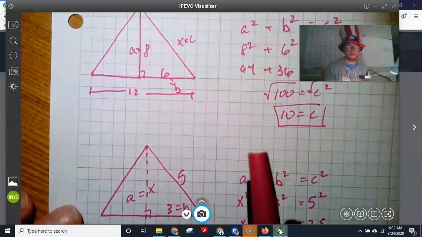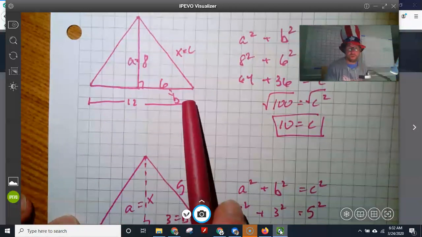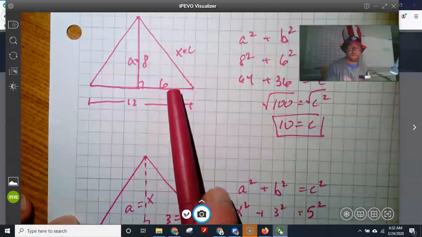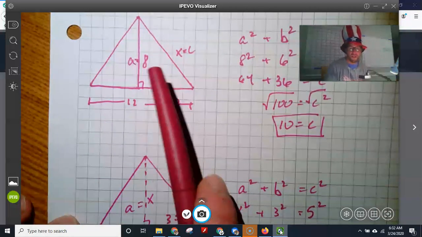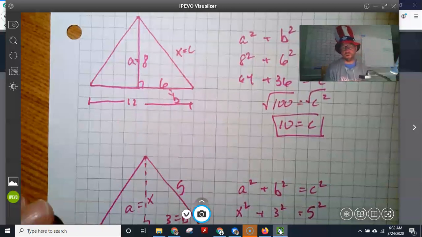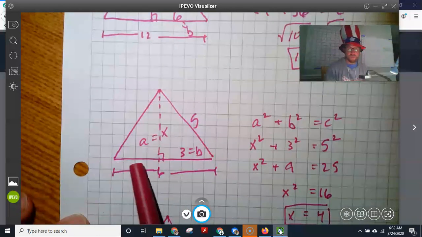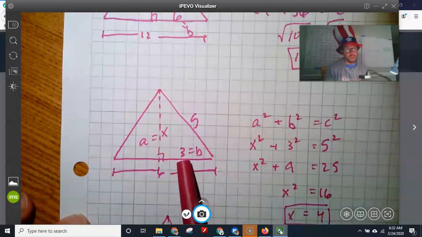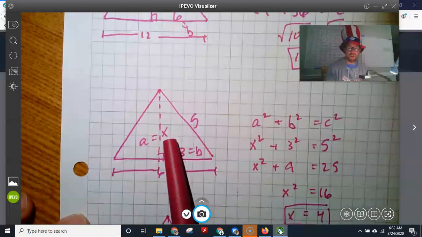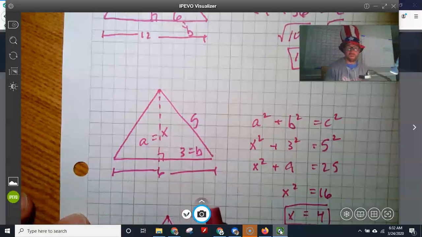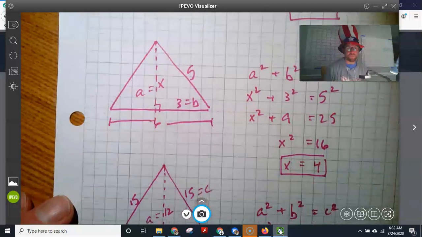Hot dog. All right, so 12 is all the way across. So halfway is 6. We were given the height, 6 and 8, a squared plus b squared, c squared, we got 10. Here, we were given the hypotenuse, and we were given the length all the way across the base, but we had to cut that in half, right, and then solve for the height. So a squared plus b squared equals c squared. Remember that the hypotenuse c is always the longest side.